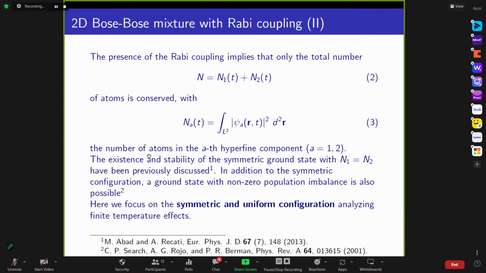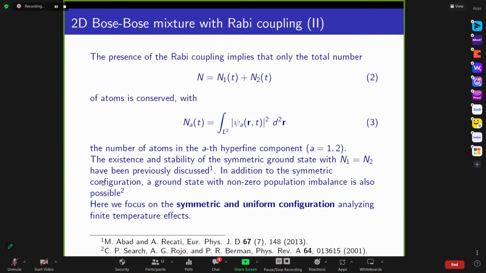The existence and stability of a symmetric ground state, where you have the same number of atoms in the two components, has been previously studied in the papers of Abad and Recati, for instance, and also another one.